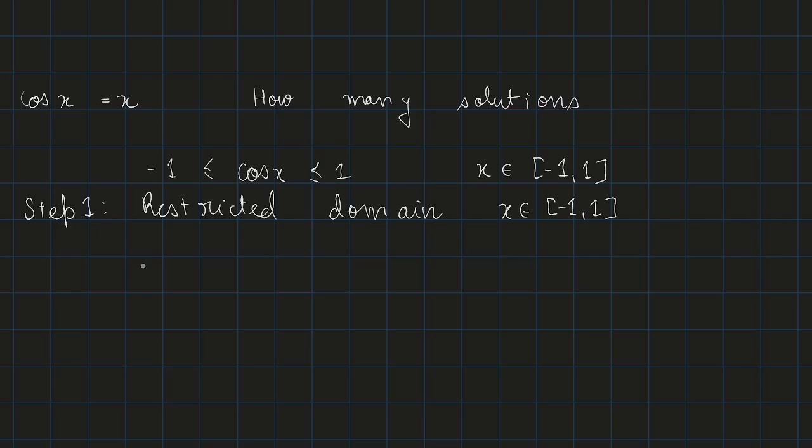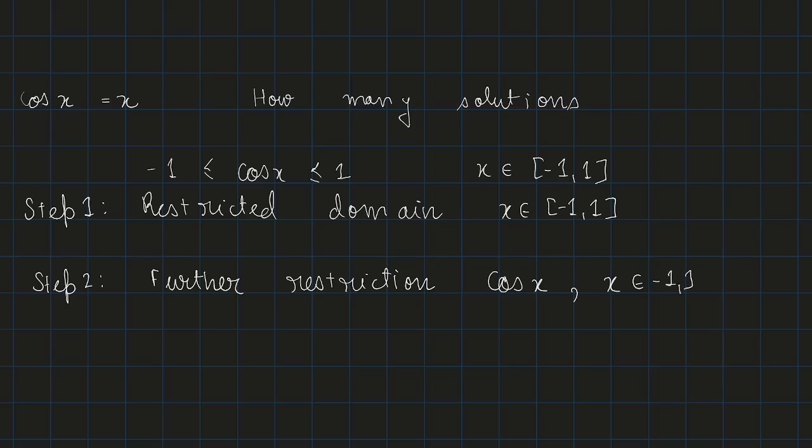Now you have step 2, further restriction, if we can do that. And that is that, as I see, cos of x when x is between minus 1 to 1 is a positive function.